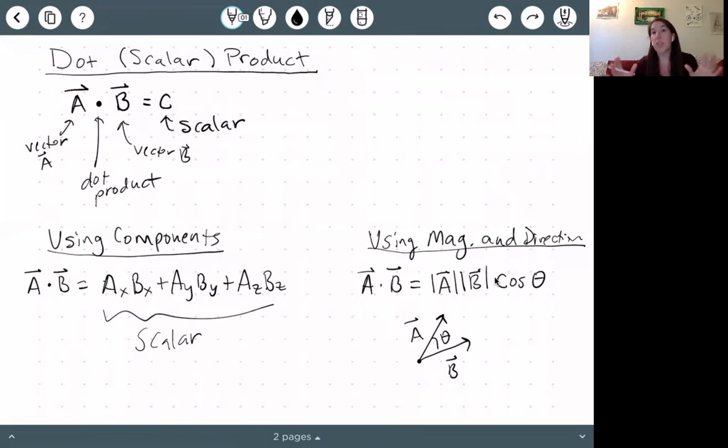Both of these will give you the right answer, and which formula you choose just depends on what information you're given. If you're given components, it's easier to use the component formula. If you're given magnitude and direction, go ahead and use that one. All right, so that is how to compute the dot or scalar product between two vectors.